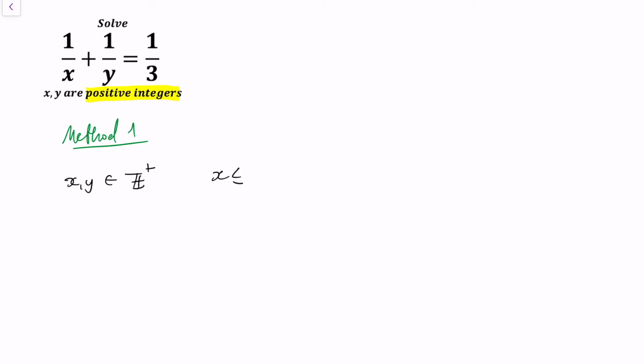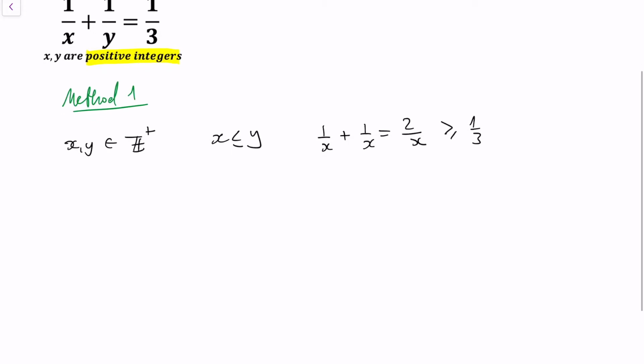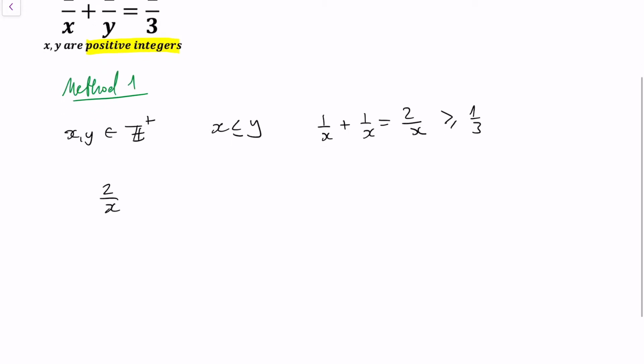So arbitrarily, we can say x is less than y without loss of generality. That means 1 over x plus, if you replace y by x, that is 2 over x. Now, since x is less than y, this will have to be greater than or equal to 1 over 3. Or we could equally say that 2 over x is greater than or equal to 2 over 6.